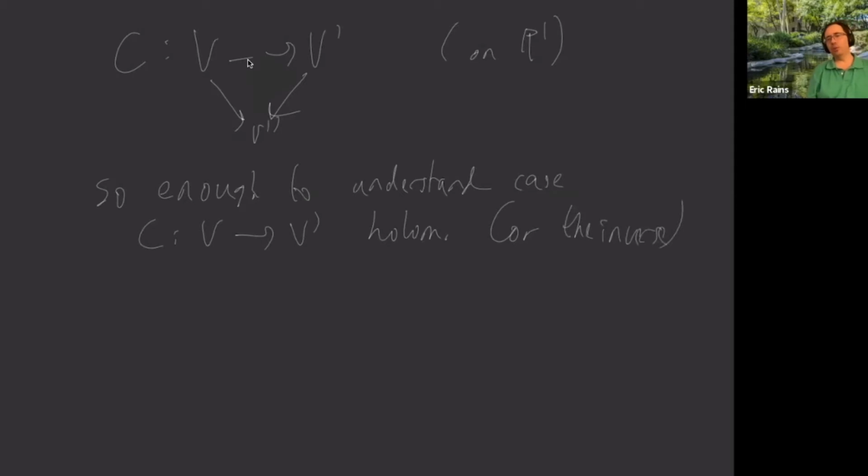But if we can understand the holomorphic case well enough, then the inverse holomorphic case is just the inverse of that. So that's not so bad. Okay, so what do we have now? We have our matrix B.